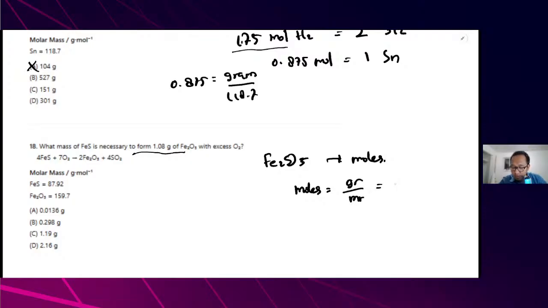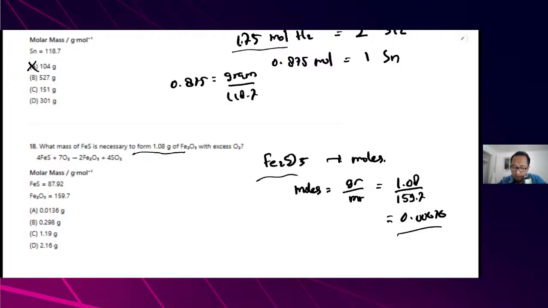So the gram is 1.08, right? Over 159.7. So the answer of this one is 0.00676. Okay. And then we already know how many moles of this one.